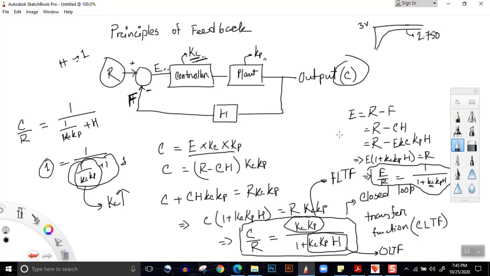Now these equations are there, and all this time we have talked about the gain response. We can talk about transient response as well. The closed loop time constant would be Tp divided by 1 plus Kc Kp.